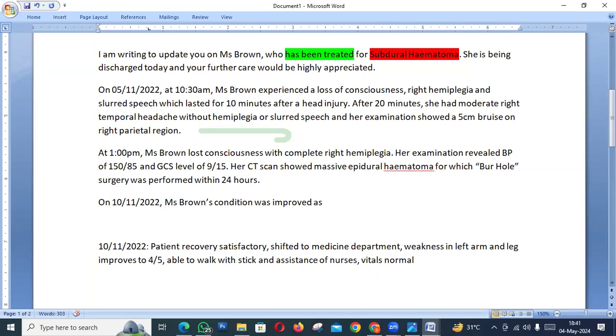as... no, you can write it directly as Miss Brown's weakness. No, sorry.